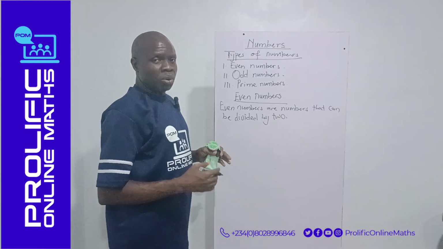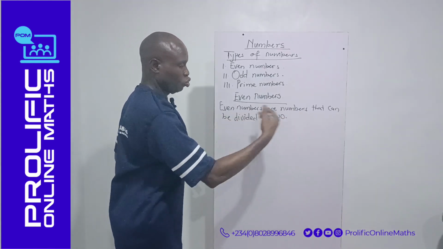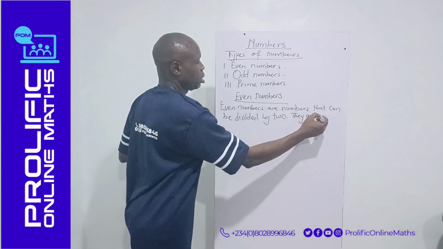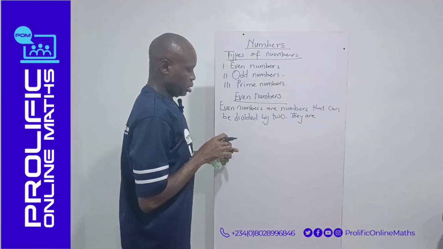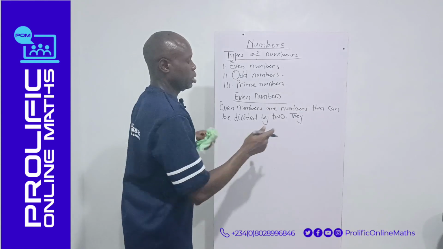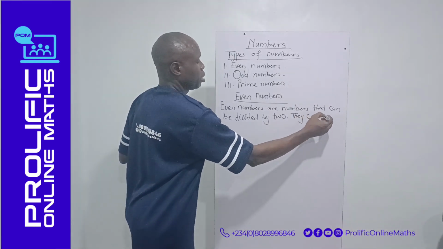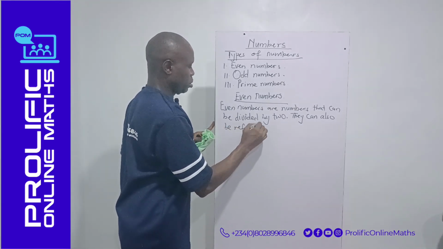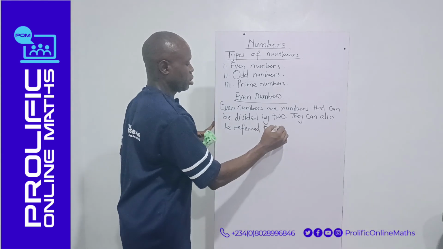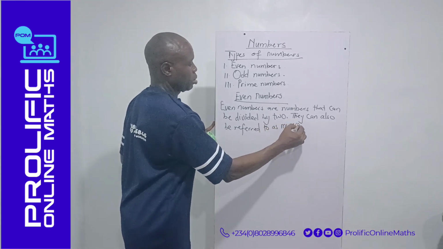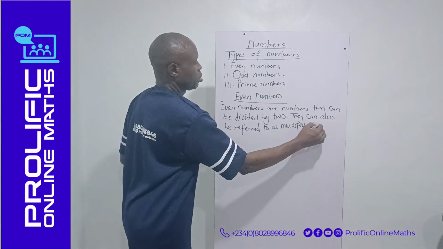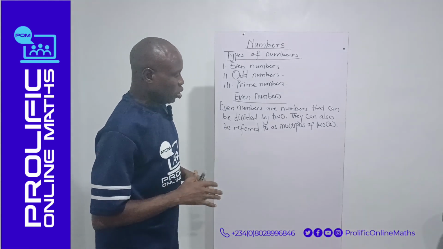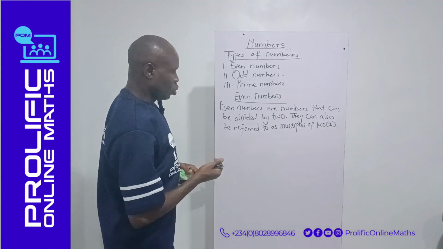In other words, we can refer to all these numbers as multiples of 2, because 2 can actually divide those numbers.